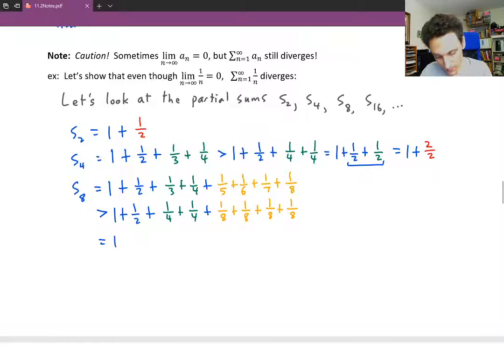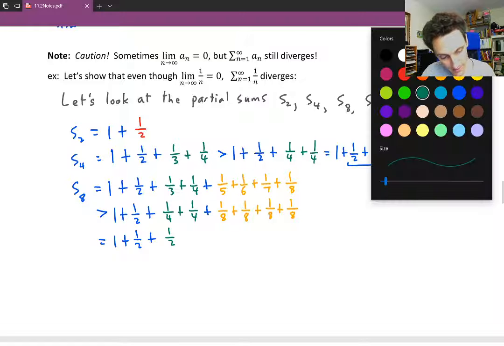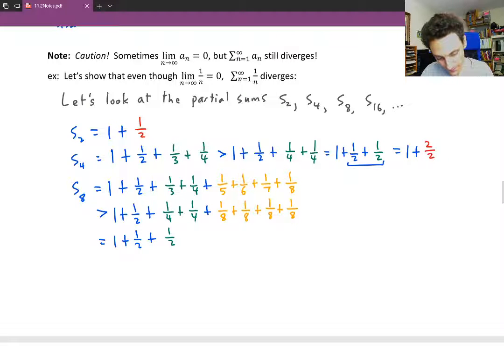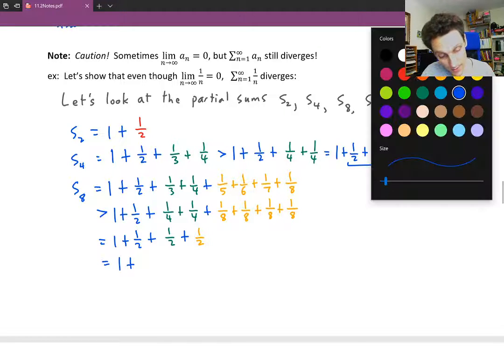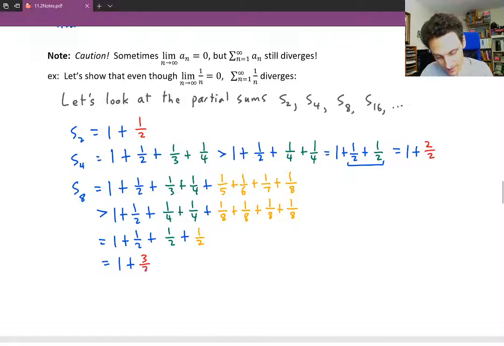So we're going to have 1 plus 1/2 plus 1/2 plus 1/2, which is 1 plus now 3 halves.